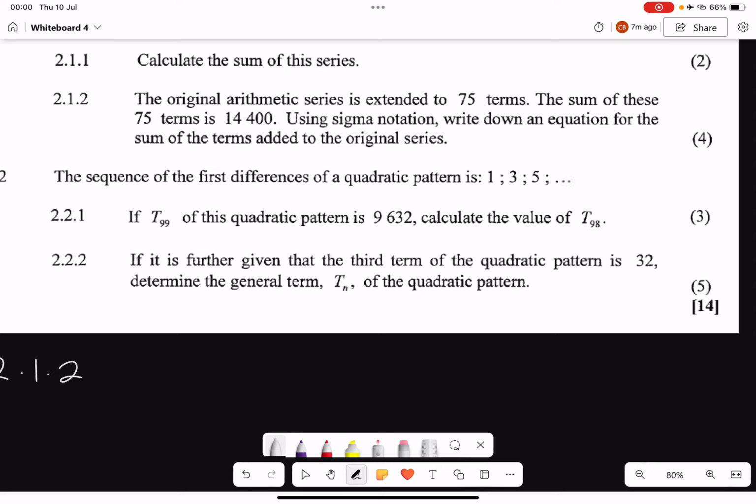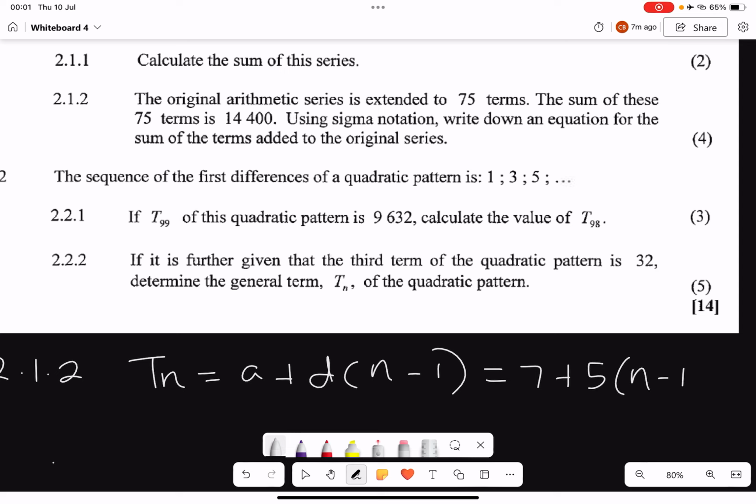At first, let's find the formula of the general term, which is step 1. We know that Tn is given by a plus d(n minus 1), which is 7 plus 5(n minus 1).